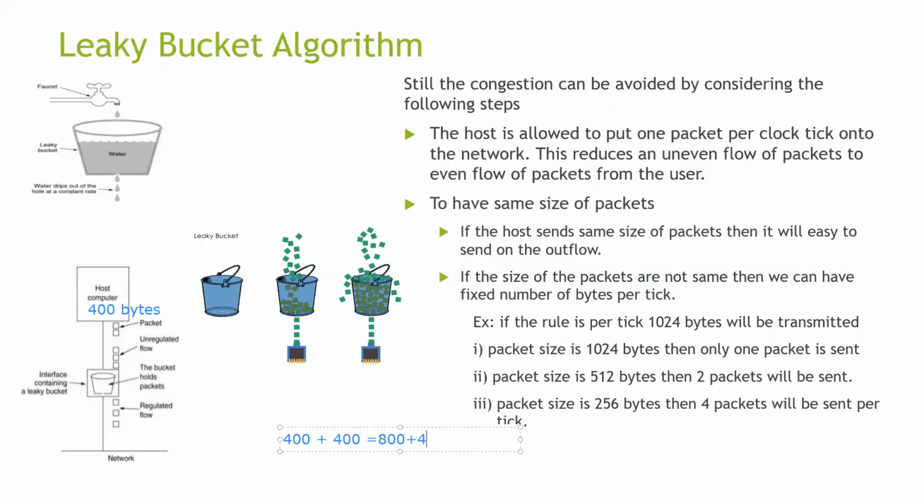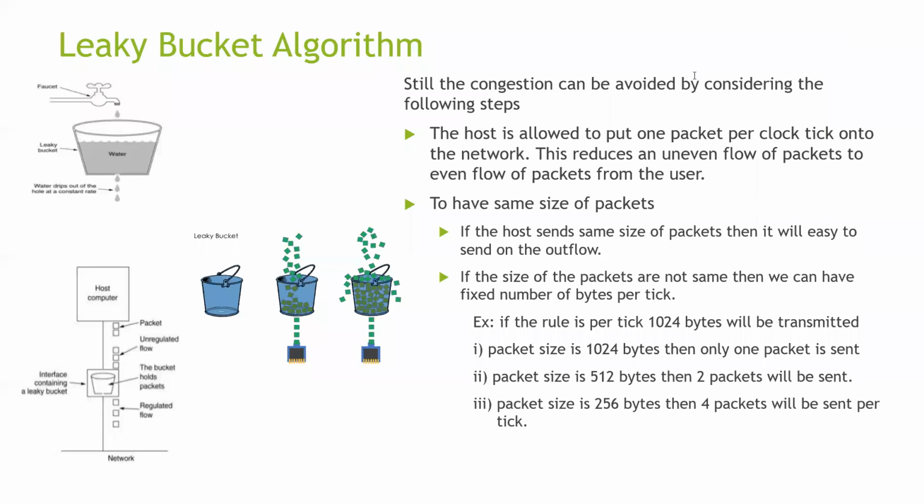If I try to add another 400, it becomes 1200. So in this case I have to send only two packets from the host, and the third packet has to wait for another tick. When the next 1 millisecond occurs, the third packet is sent. So this is how the leaky bucket algorithm works.